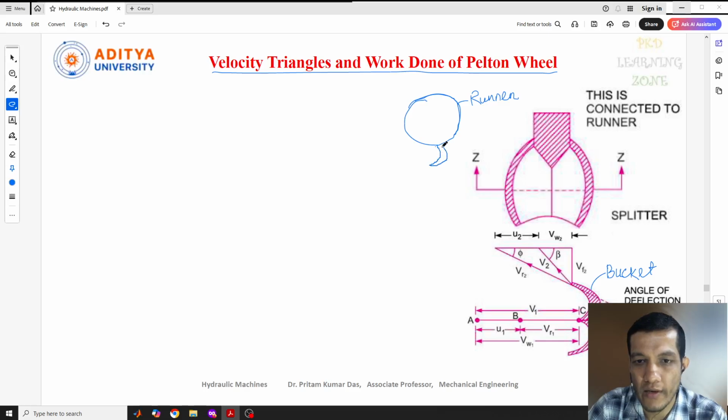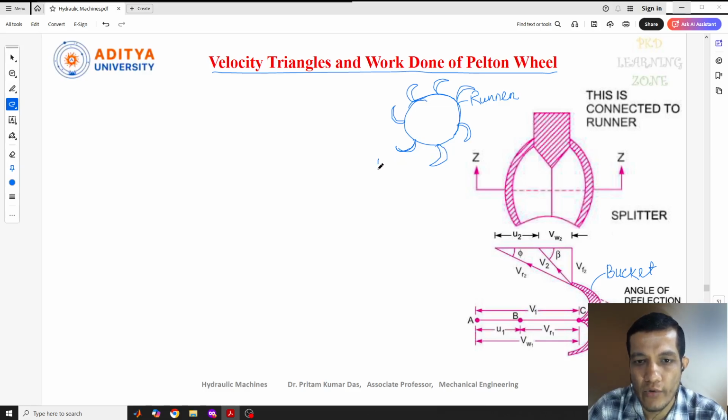The buckets, blades, or vanes, all these names are the same, and they are all fixed on the runner. It looks like this, but I have drawn it from the side, that's why it's visible like this.